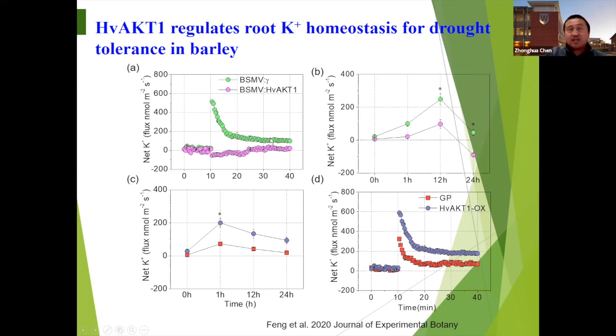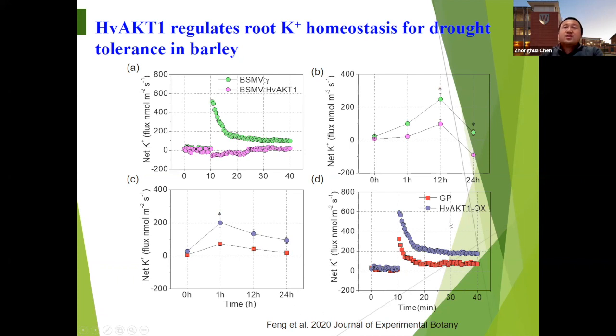So PEG stress will increase potassium uptake, at least transiently in the first 20 minutes. But this silenced plant does not show any significant potassium influx, and the flux is much lower if we measure that over the 24-hour period.